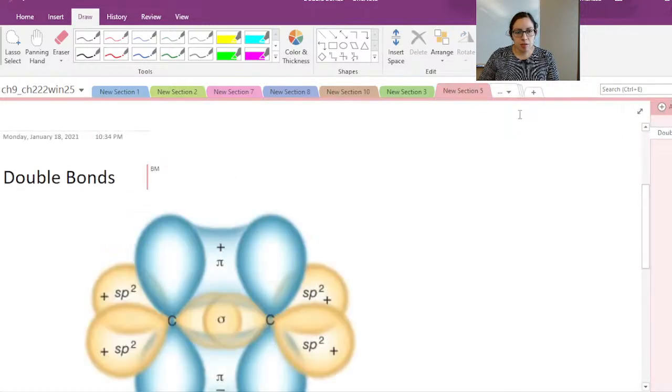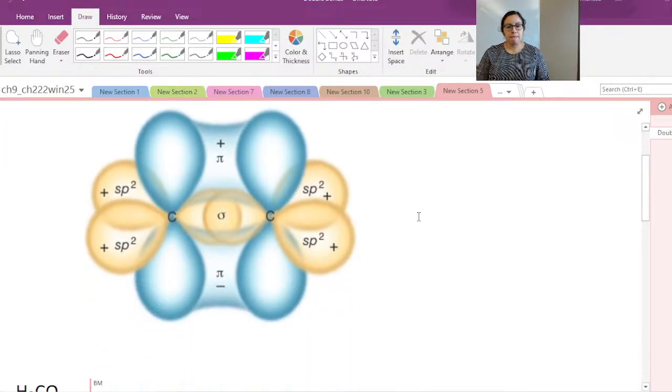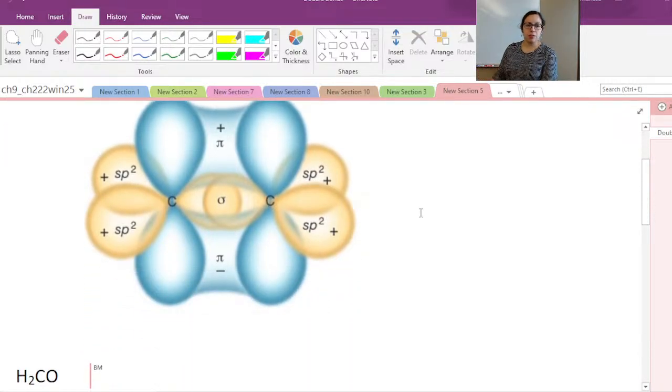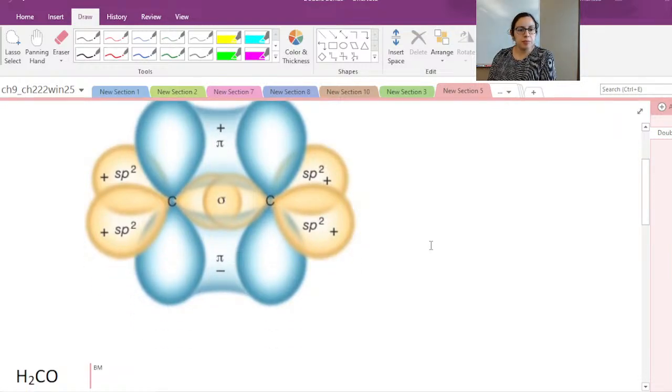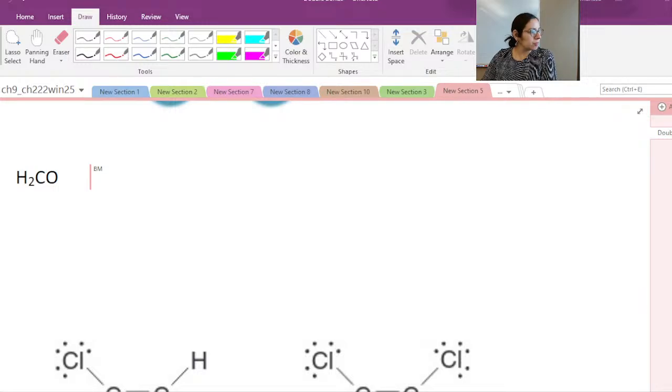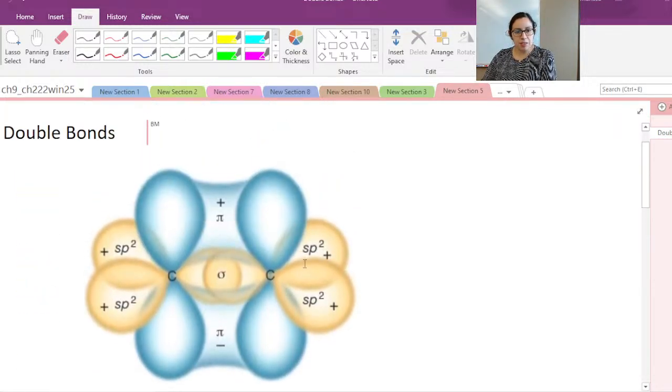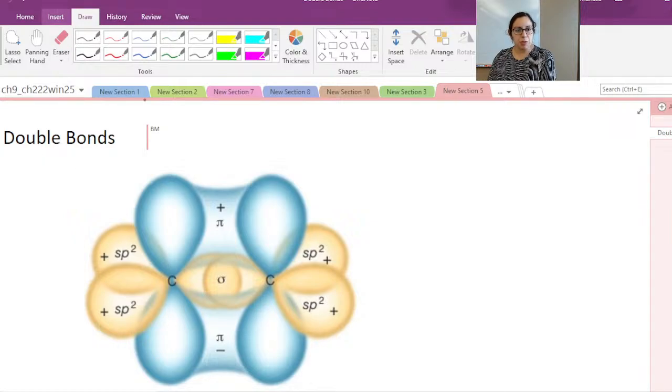Let's look at some more things. We've got our double bonds next. What are we looking at here? Oh, sorry, this is ethylene. I couldn't even tell what my notes were.